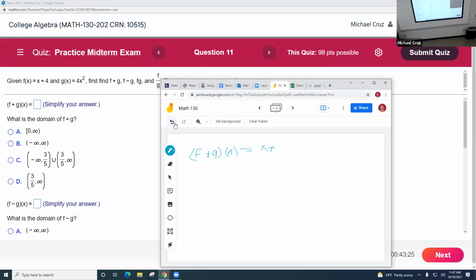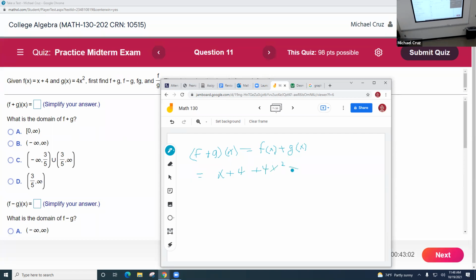Well, let me back up and put an extra step in there. It's just going to be f of x plus g of x, which is then x plus 4 plus 4x squared.